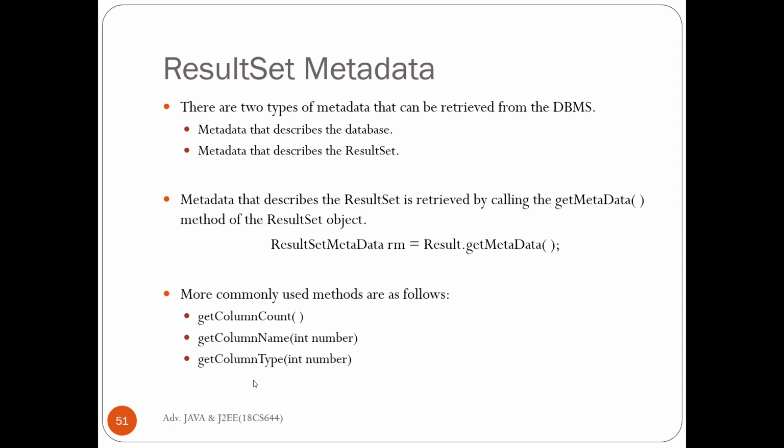Similarly, we pass the column number and its data type will be returned. There are many other methods which are used to retrieve practically any information that we need to know about the database and the result set. That is beyond the scope of our discussion. These three are the methods that are really required for the application that I discussed.